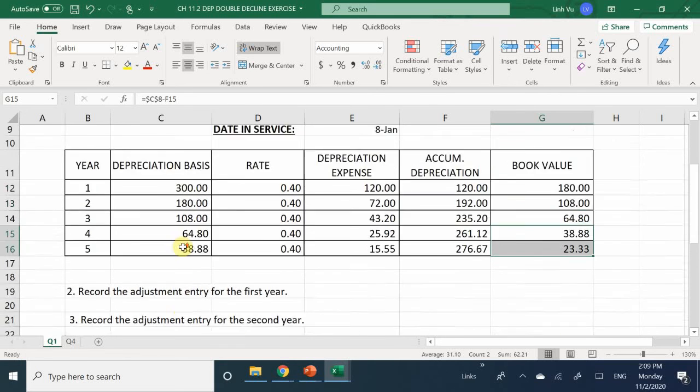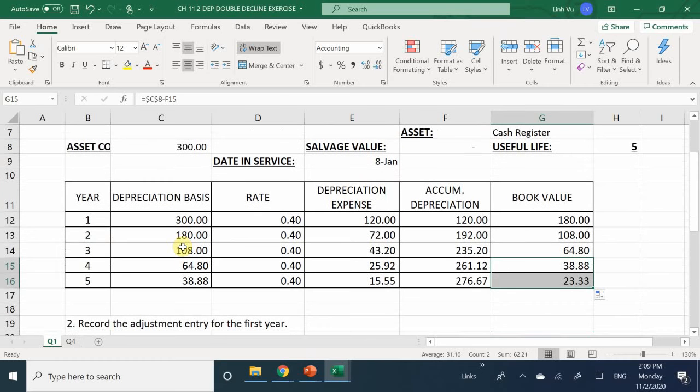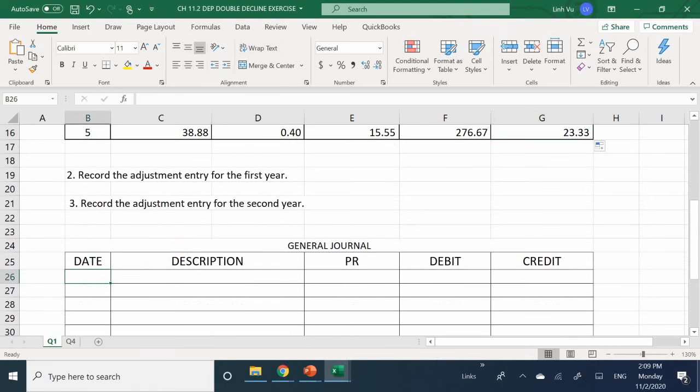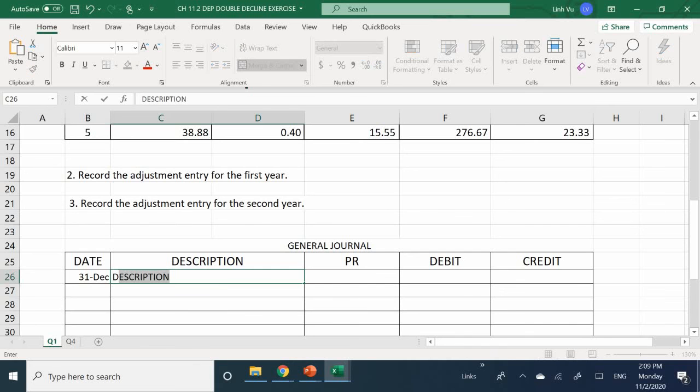Assuming the first year, what is going to be my depreciation expense for year 1? Or journalize it. The depreciation expense.